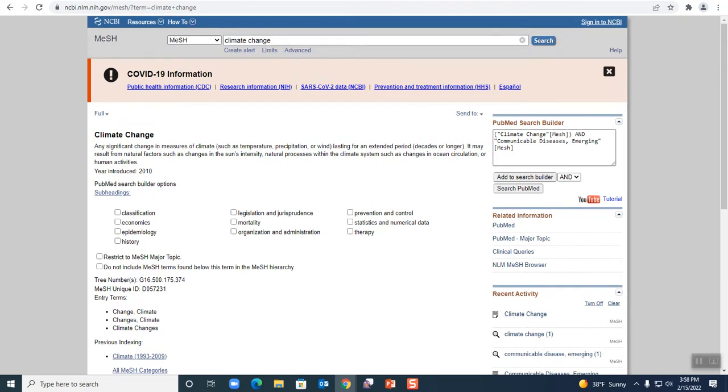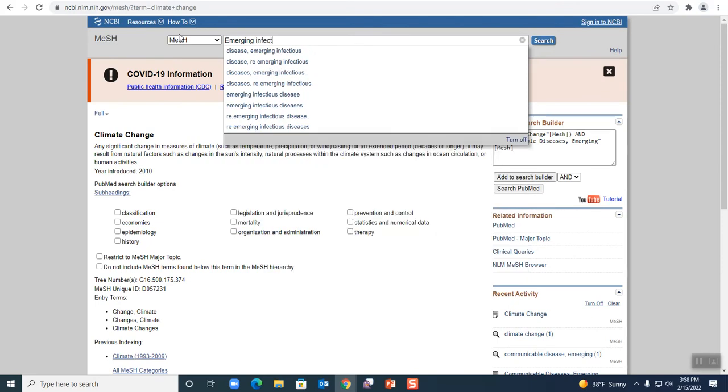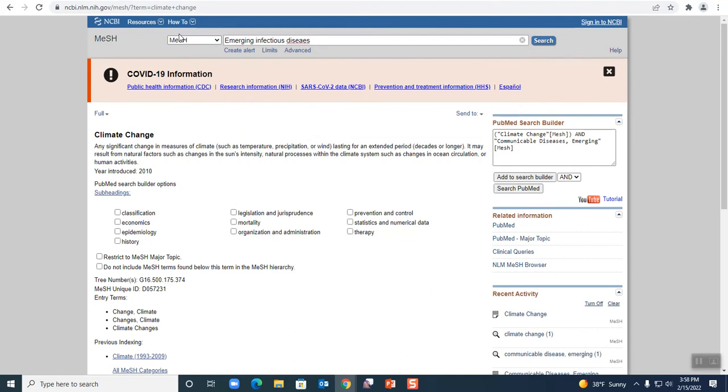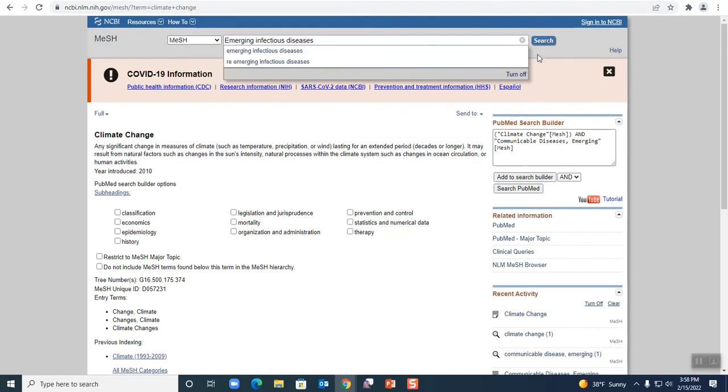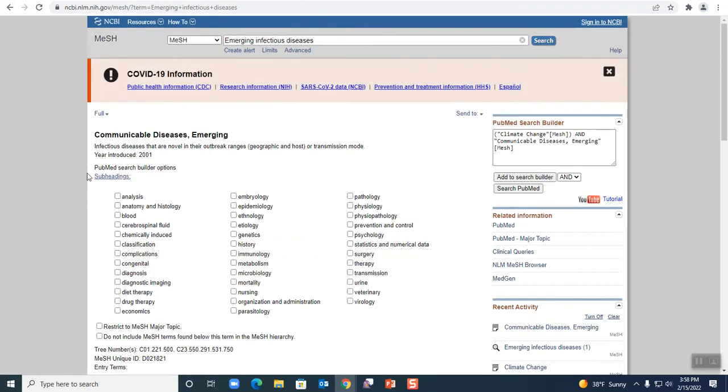The second thing that I had in mind was also emerging infectious diseases. And this is where I'm going to go and look for. And you will see that I found communicable diseases.